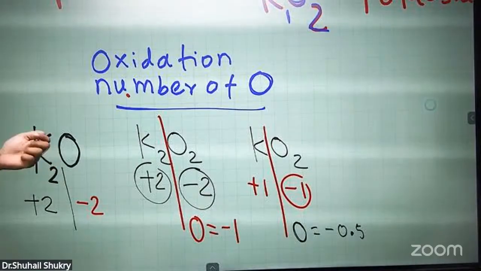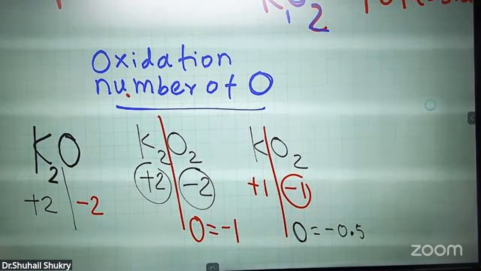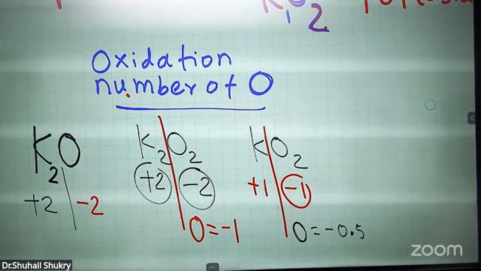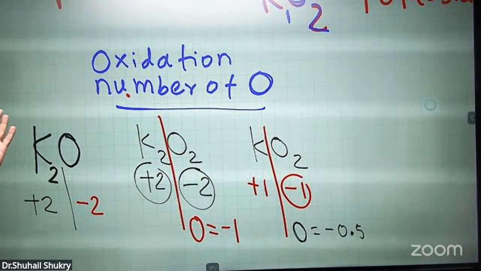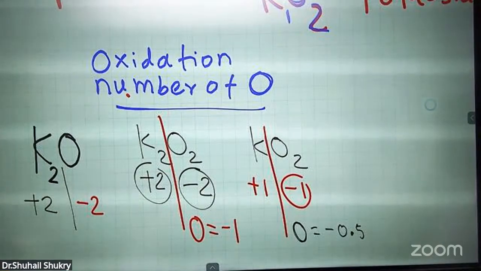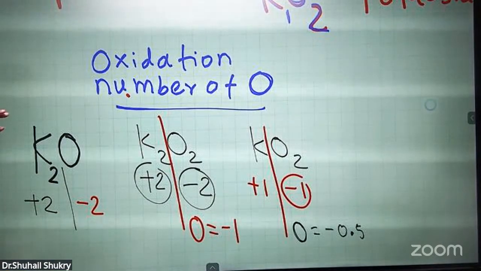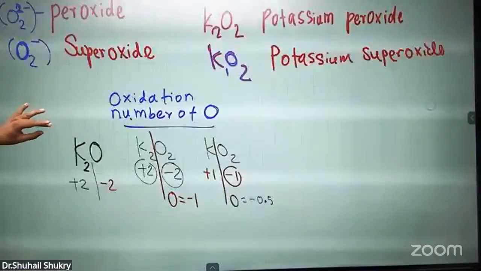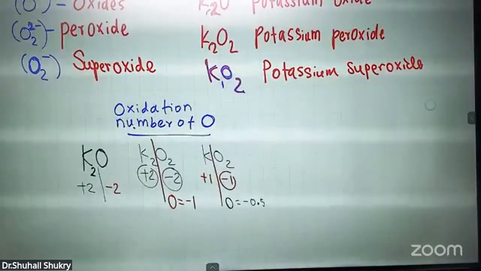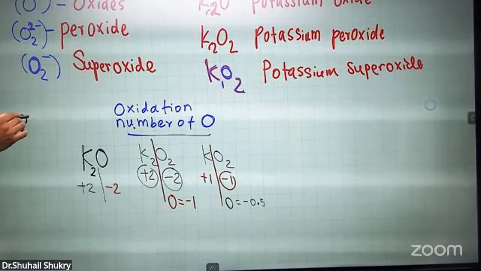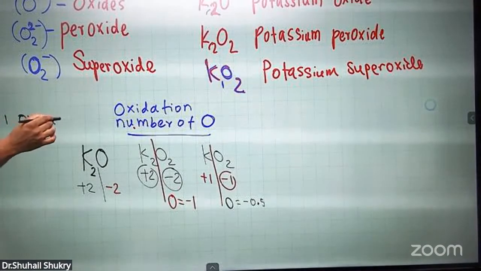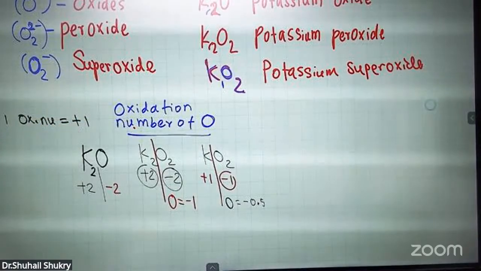Normally, sodium, potassium, rubidium, always they are +1. Put a note on those things: sodium, potassium, these are always +1. You can put here: group 1 oxidation number is +1.